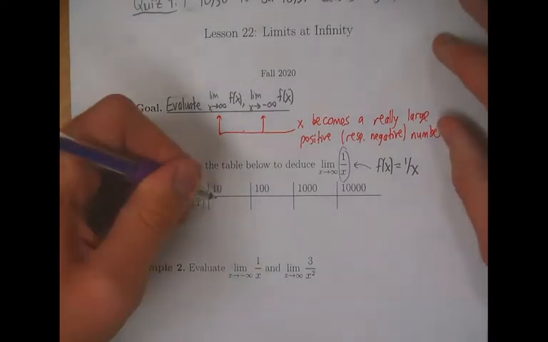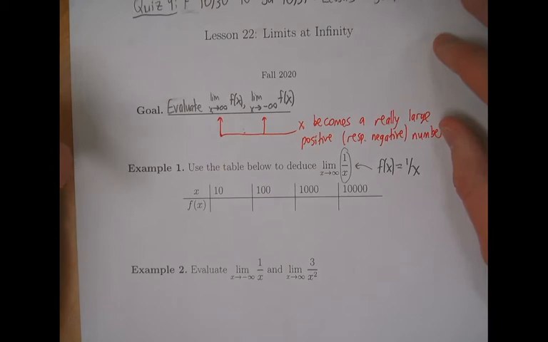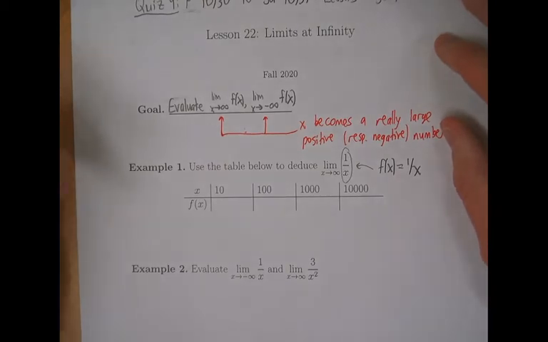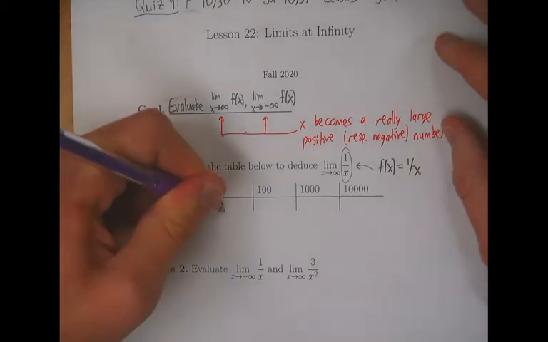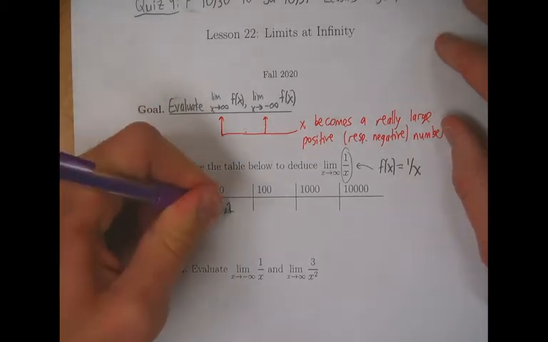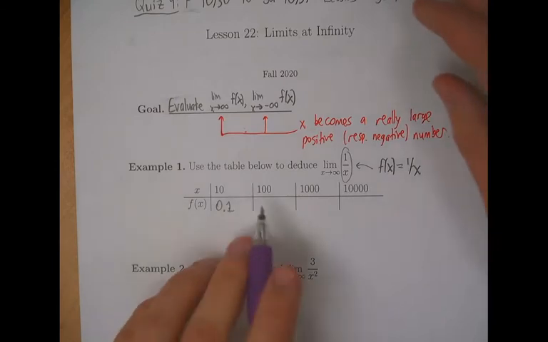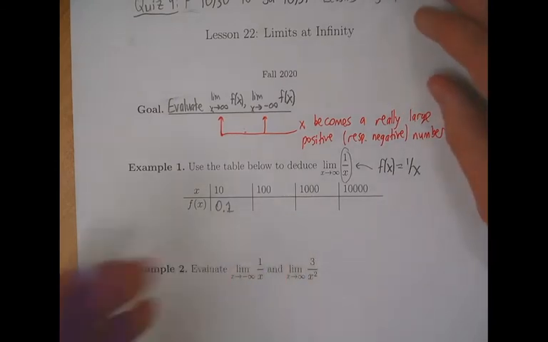Yeah, 1 over 10, right? Or as a decimal, that would be 0.1. And then from there, we just keep going down. So if x equals 100, then 1 over x is? 0.01. Yep, 0.01.